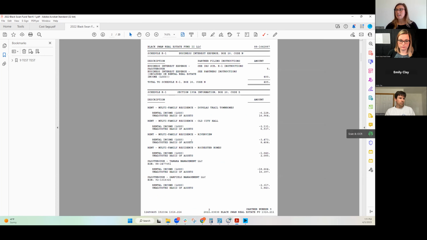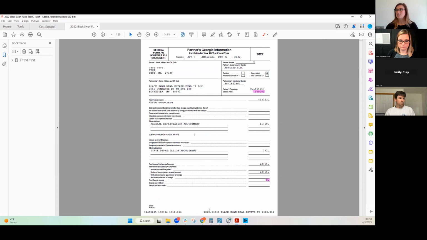Lastly, on K-1s, I just wanted to dive into a couple of states because you'll probably notice you have a lot of state K-1s this year and you're thinking, why? Nick and Elaine only own properties in Washington and Minnesota, and Washington doesn't have a state income tax, right? So most states, I said most states, many states require if you just have one resident partner in that particular state, the partnership fund has to file.